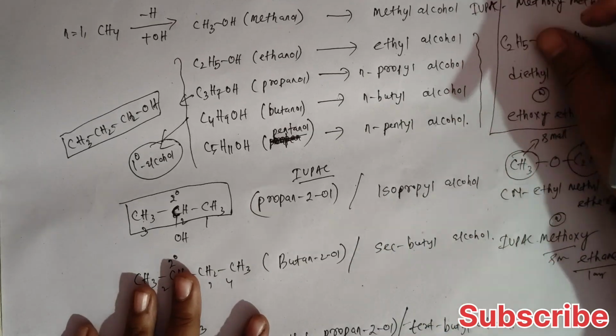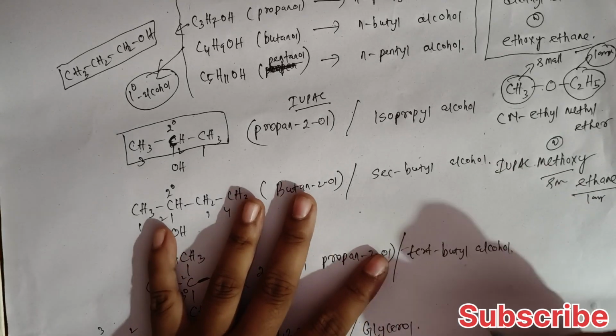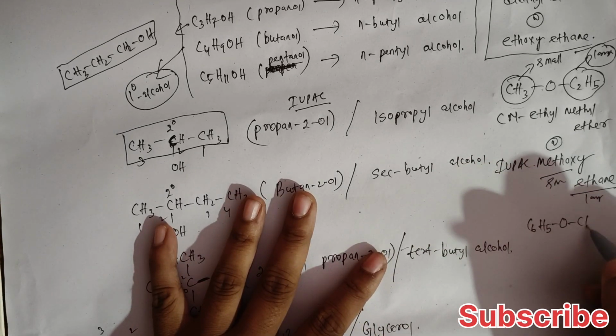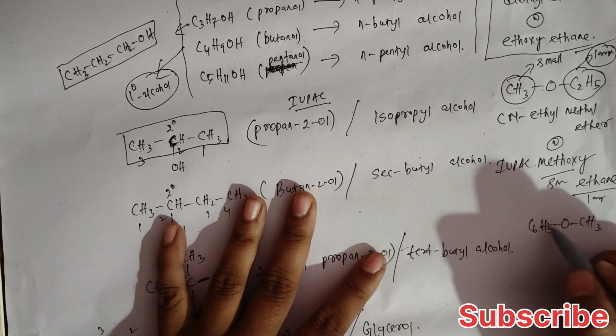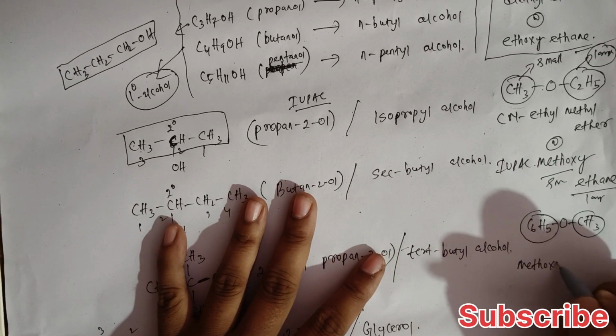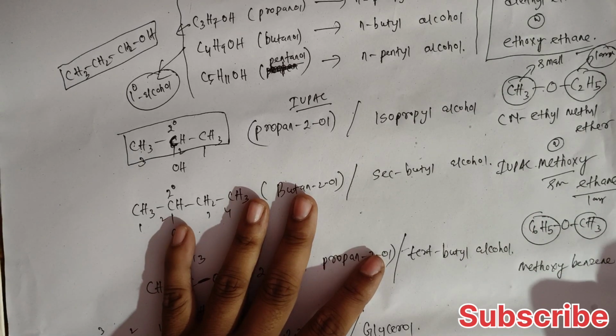Clear? Let me write some other examples. Let me write different examples like C6H5OCH3. We all know that here this is the larger group and this is the smaller group. The smaller must come first. So methoxybenzene will be its IUPAC name. Clear?